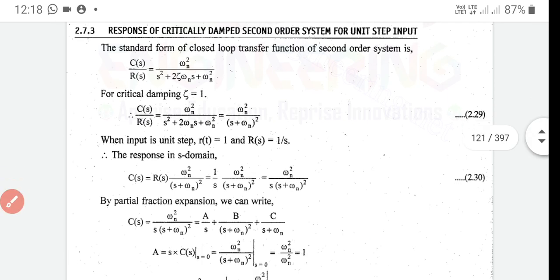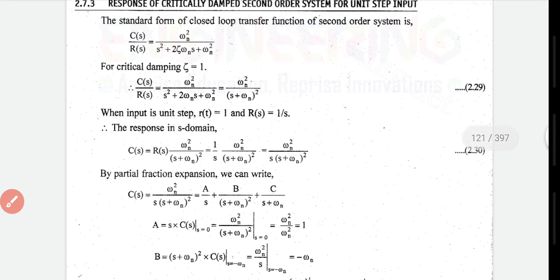For finding the response in the time domain, once again you have to do partial fractions for the above C(s). So C(s) is equal to omega n square by s into (s plus omega n) whole square.